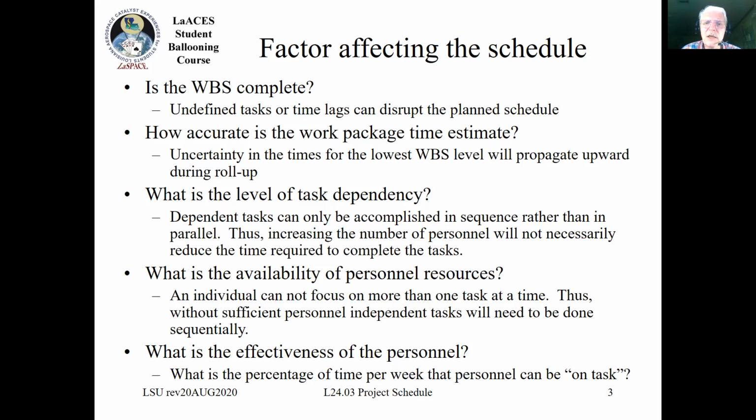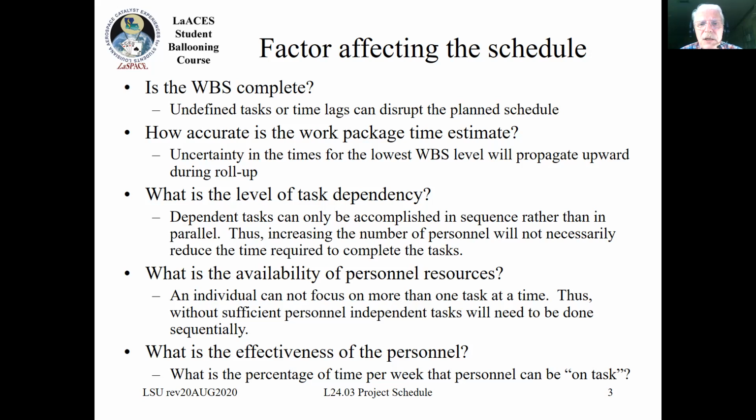What is the dependency of these tasks? What kinds of tasks have to be accomplished in sequence rather than in parallel? If you have tasks which require one to be before two, to be before three, etc., then it doesn't matter how many people you assign to that project, because you aren't going to be able to break that dependency.